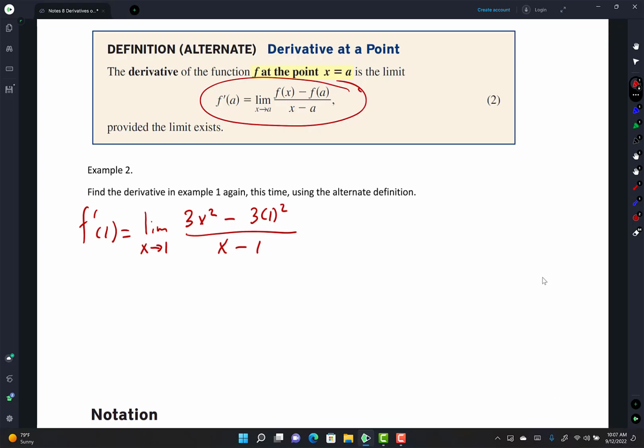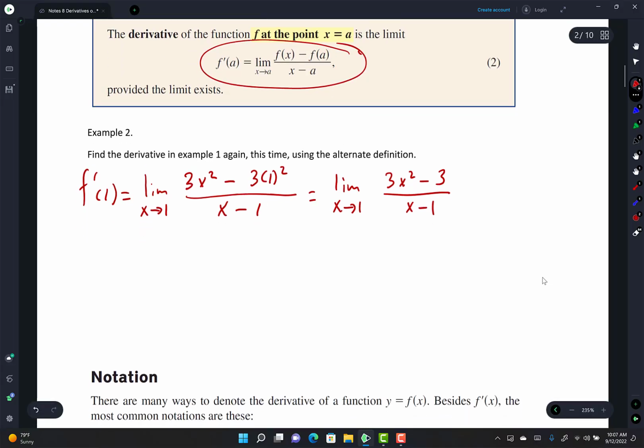Now what? Well, I don't know. Let's keep going. Limit as x approaches 1, 3x squared minus 3 over x minus 1. What can I factor out in the numerator? A 3? Yes, a 3 and then difference of squares. Limit as x approaches 1, here's my 3 factored out, x squared minus 1 over x minus 1.